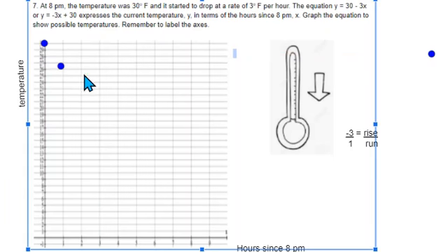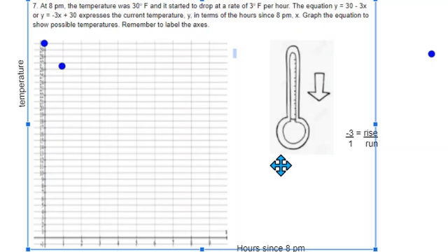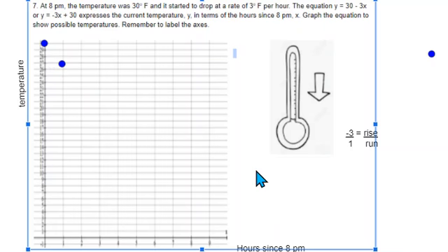Let's see if I did that. So down 1, 2, 3. Oops, 1, 2, 3, and over 1. It just needs to be up a little bit. Okay, pretty good. All right, and then from that point, I go down 3 again and over 1.